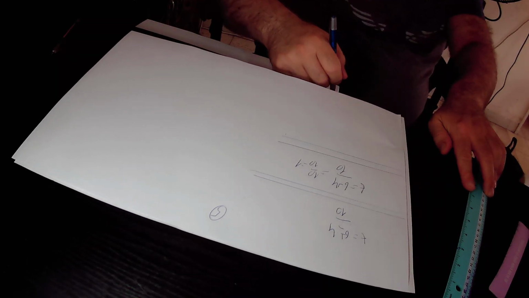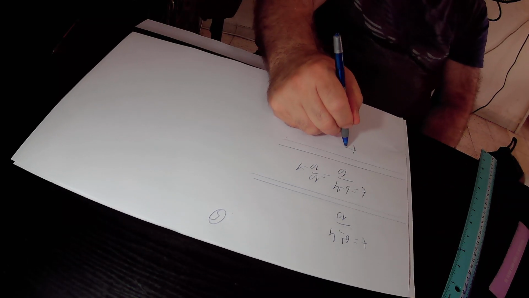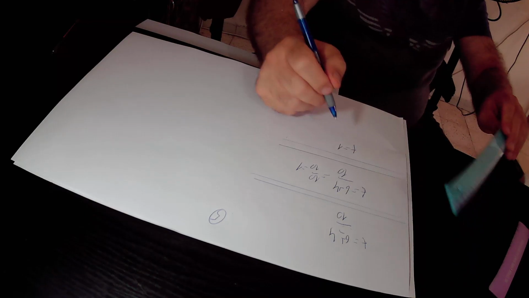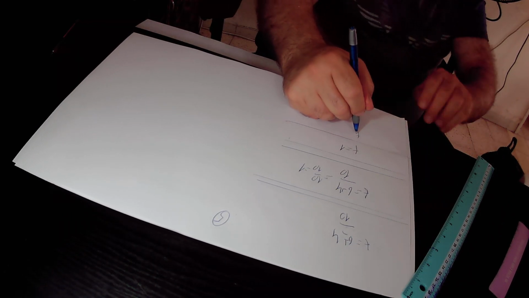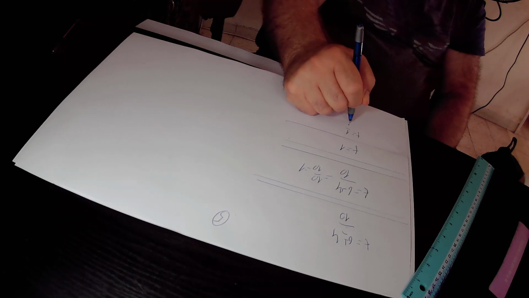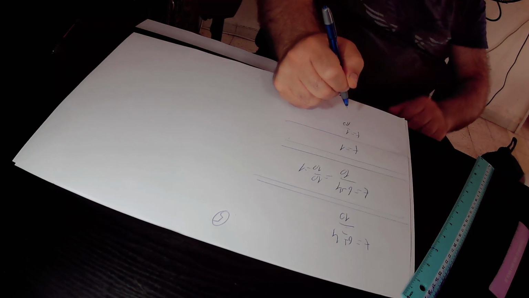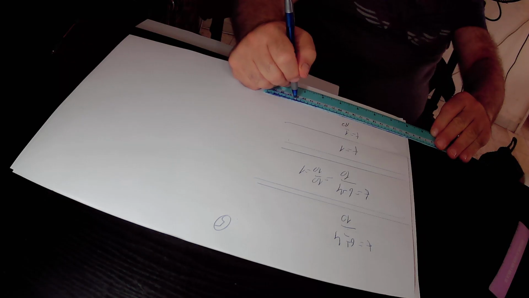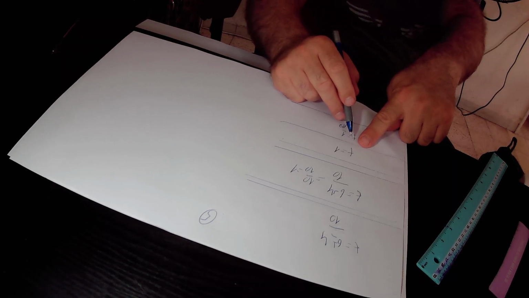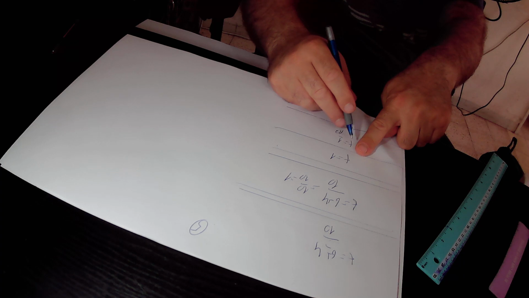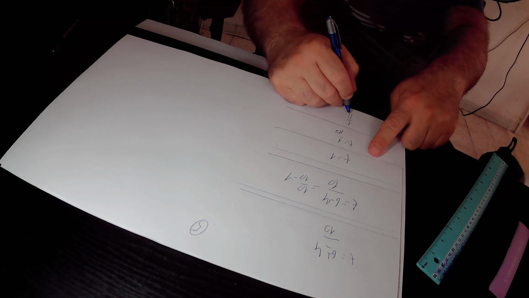So according to the first solution, t equals 1, but according to our definition, t equals 1 over r squared. So now we can substitute t in this equation by 1 over r squared, and we get that 1 over r squared equals 1.